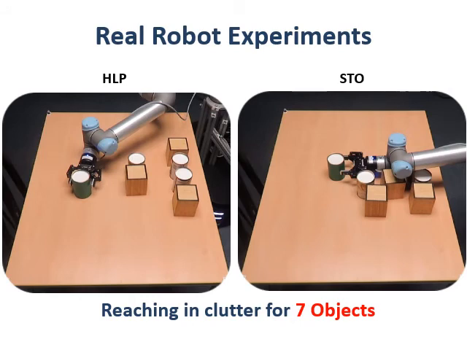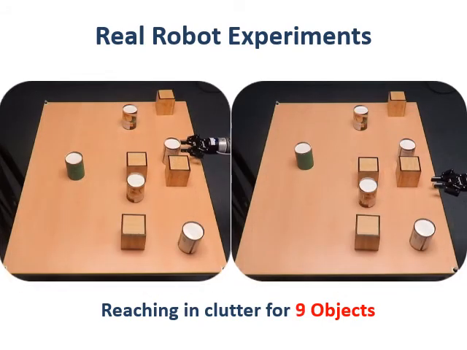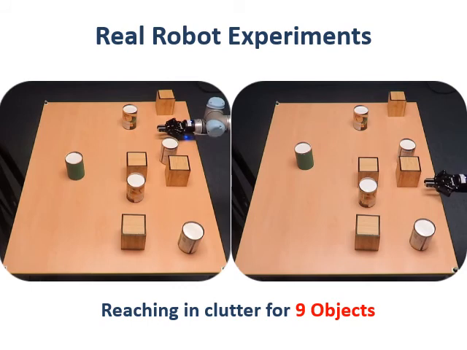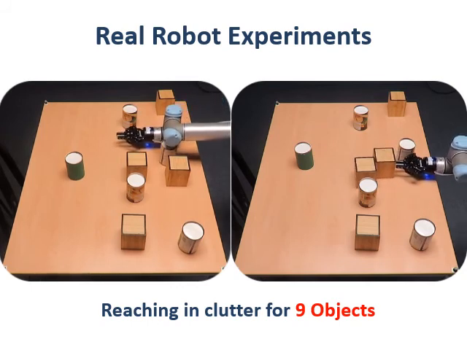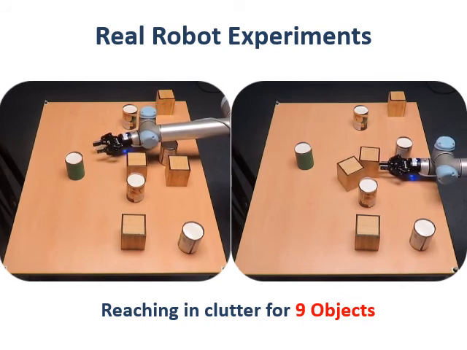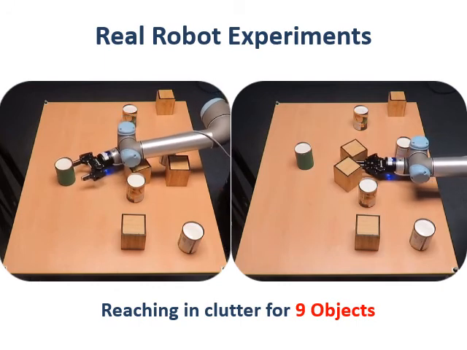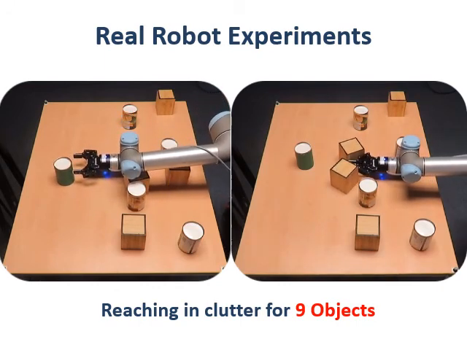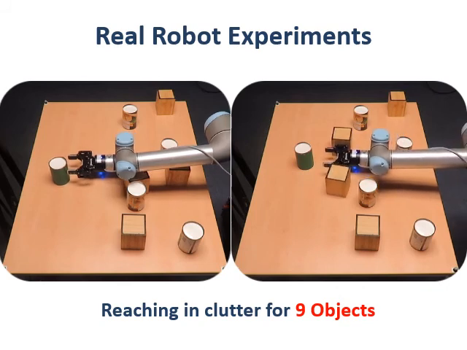The number of objects in each row is different, and also the shape of objects are not the same as that used during training. We tested HLP with increasing the number of objects, and we found, as you can see in the paper, that the actual planning time is almost fixed, regardless of increasing the number of objects, which proves the scalability of the HLP algorithm.